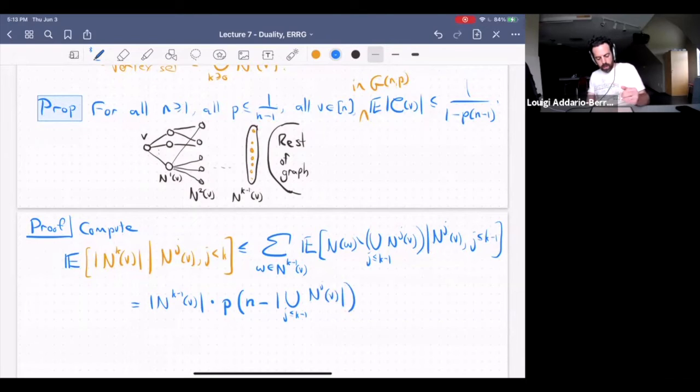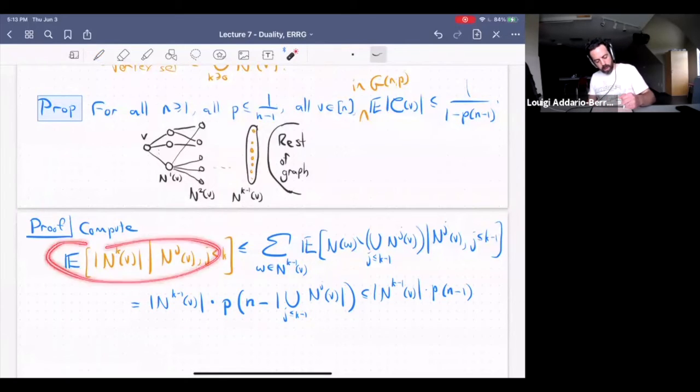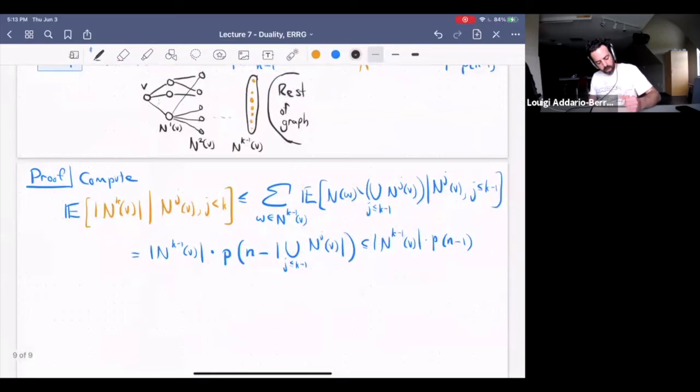Just for an upper bound, let's say that that's at most the size of N_{k-1}(v) times p times (n-1). Now, by taking expectations in this inequality, we want to bound the expected value of N_k(v), and we only have a conditional expectation right now.